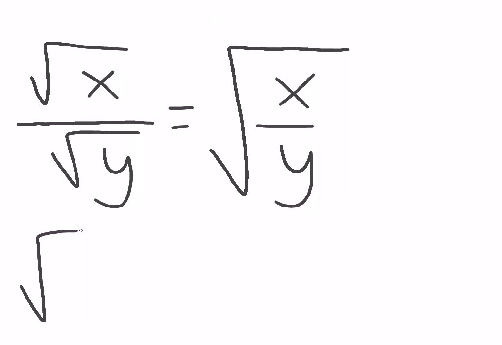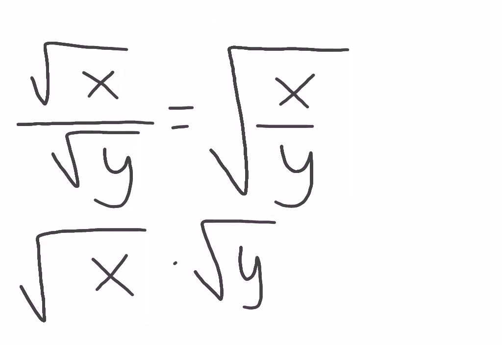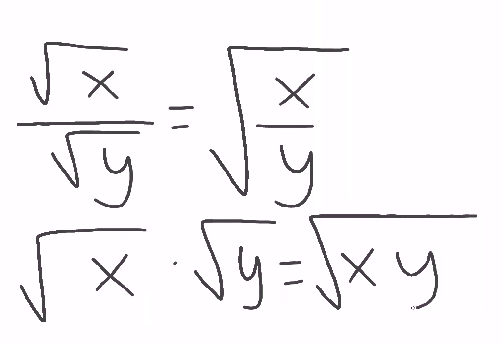If I have the root of x times some root of y, that is the same thing as the root of xy. Now, this is only the same thing if it is the same root. So it only works, say, if this is the cubed root and this is the cubed root, or if this is the fourth root and this is the fourth root.